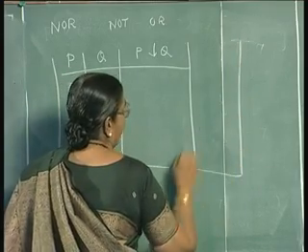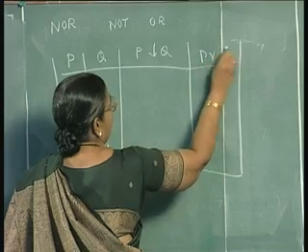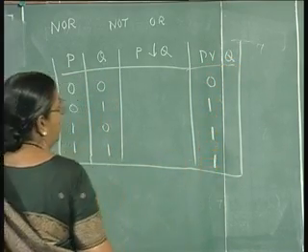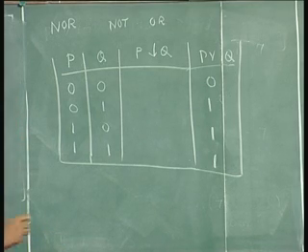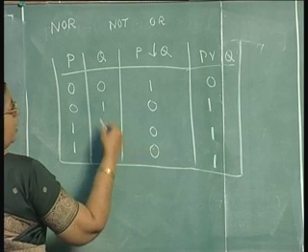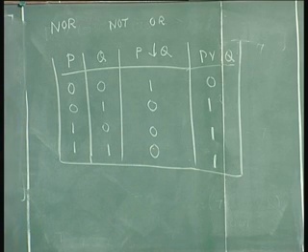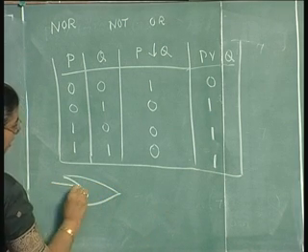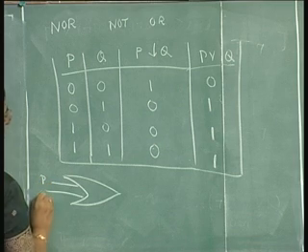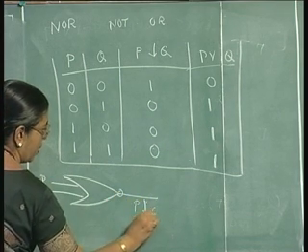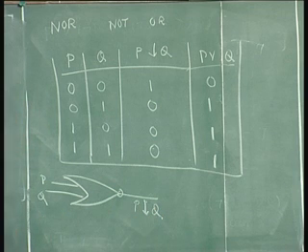What will be the table for P OR Q? P OR Q will be 0 in this case, in the other three cases it will be 1. So, it is not of that, so it will be 1 0 0 0. The truth table for NOR gate is given by this. It is represented by a diagram like this with two inputs P Q.